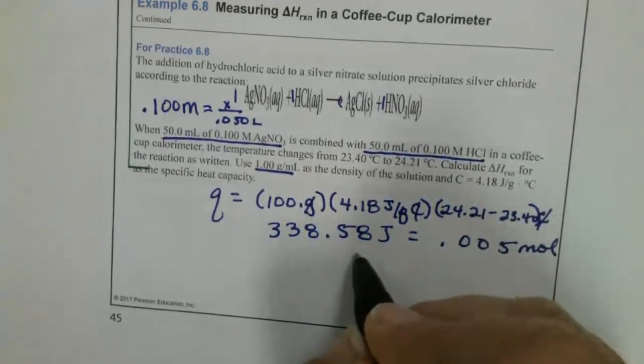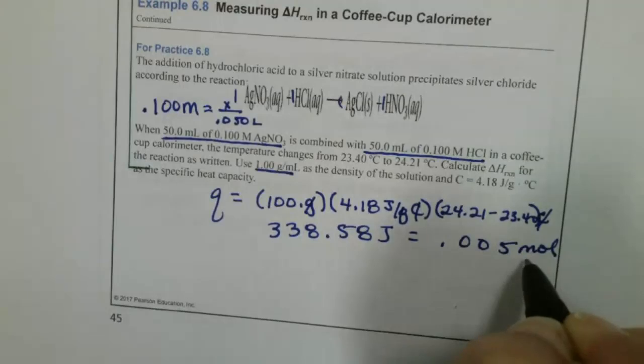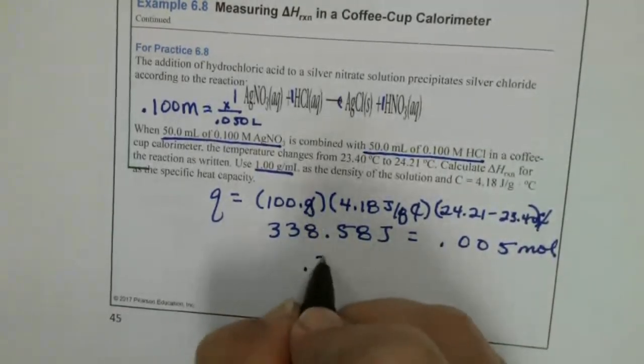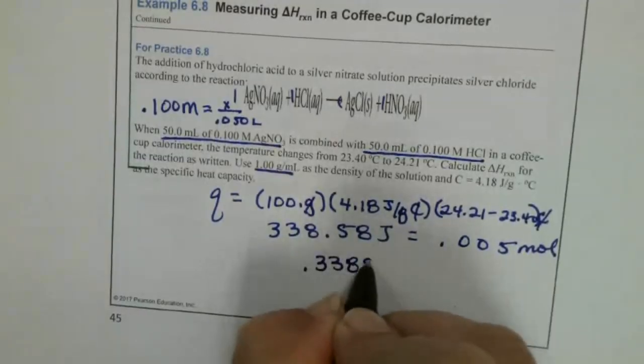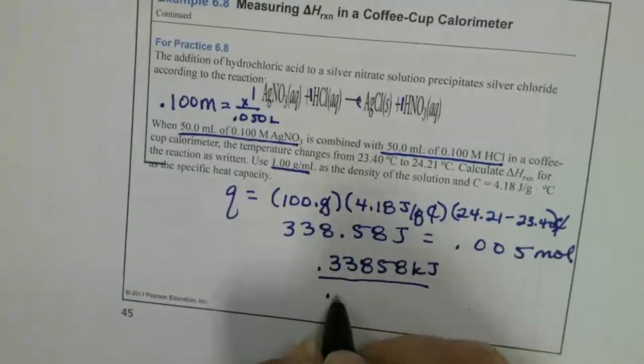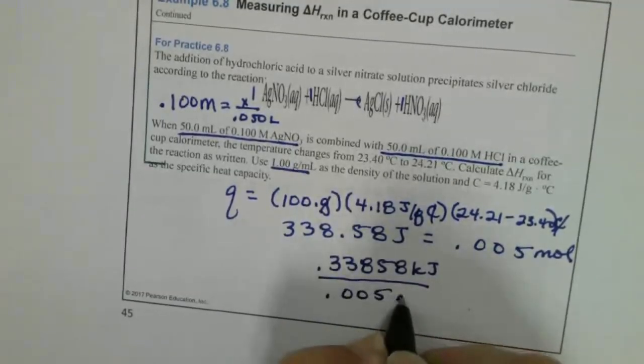So I need to divide this by this and make sure that I have it in kilojoules. To change this to kilojoules, I'm going to make that 0.33858 kilojoules. Divide that by 0.005 moles.